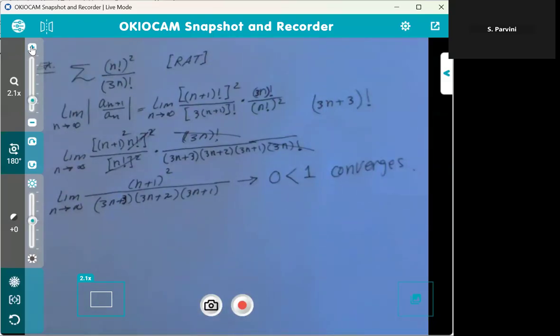And let's see. I haven't done any root test, right? So let me maybe do an example of a root test for you, and then that should be enough.